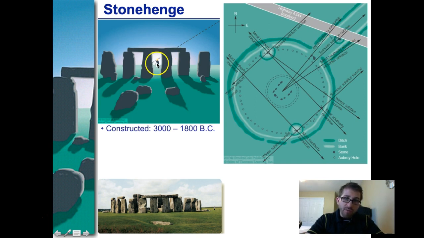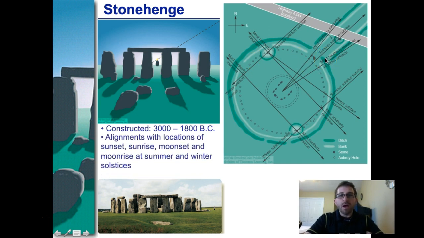So this is their way of telling time, telling the seasons. It also has ways to determine the most northerly moonrise and the moonrise in the southern parts of the sky at the winter solstice. So there's a lot of calendar and moon related things going on here.